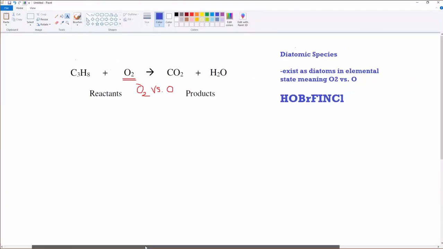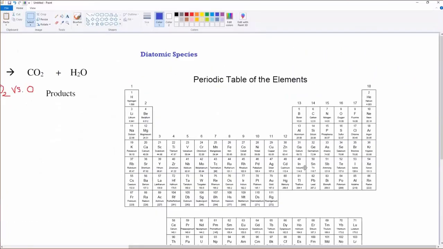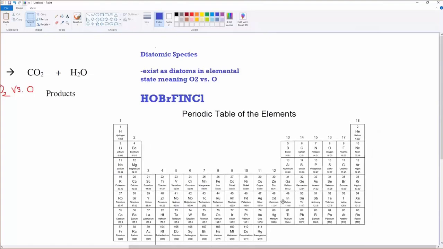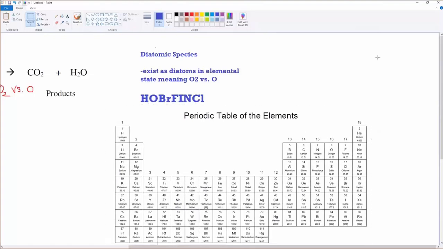If you're looking at your periodic table of the elements and you look at all of these elements that like to be a diatomic species, you'll see that fluorine, chlorine, iodine, and bromine, all of these are in this same column. I guess it shouldn't be a surprise that things that are in the same column like to react in similar ways. They each just want one more electron, so it's easy to share with another one.